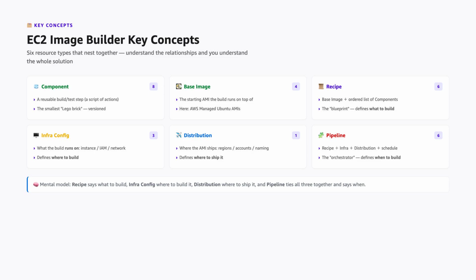It defines where to build. Fifth, the distribution configuration, which regions and accounts the finished image ships to. It defines where to ship it. And sixth, the pipeline, the automation framework that ties a recipe, infrastructure, and distribution together on a schedule. It defines when to build. Recipe, infra, distribution, pipeline: what, where to, and when.